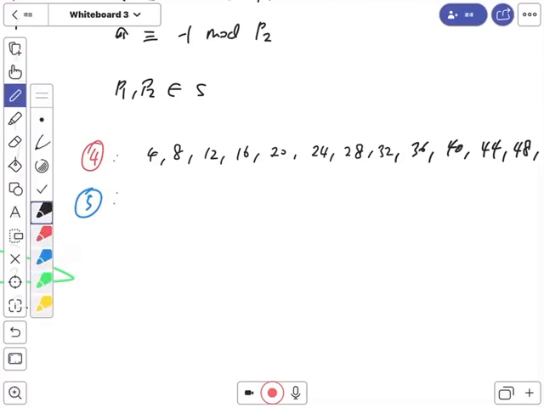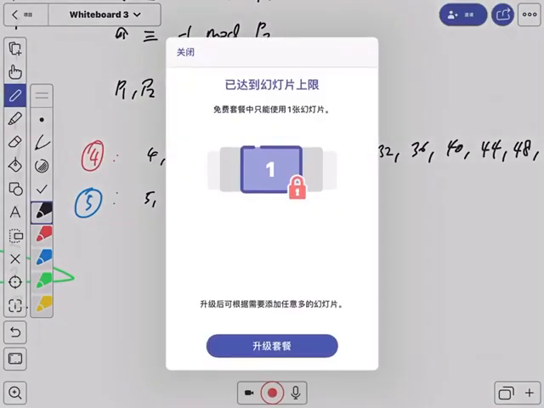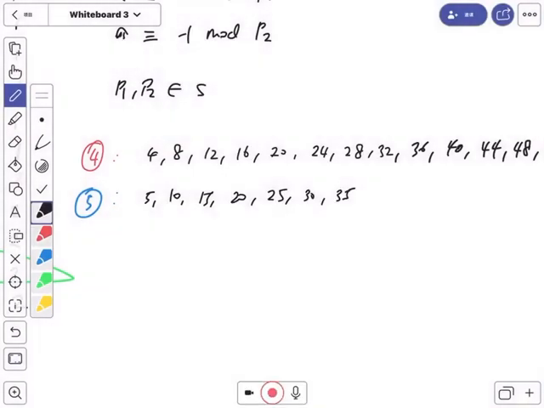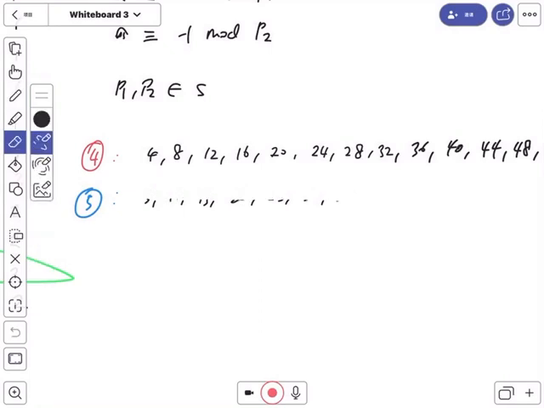We have 5, 10, 15, 20, 25, 30, 35. Or technically, we just want the odd multiples of 5. Well, why is that?